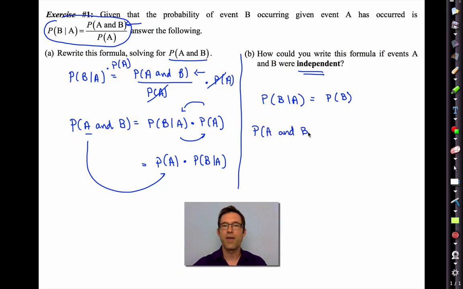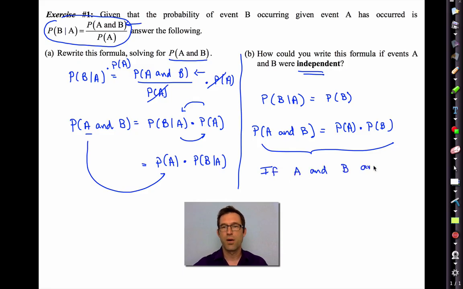The probability of A and B will be the probability of A times the probability of B. All right? This is not only a test for independence, but it's something that we can use if events are independent. If A and B are independent.